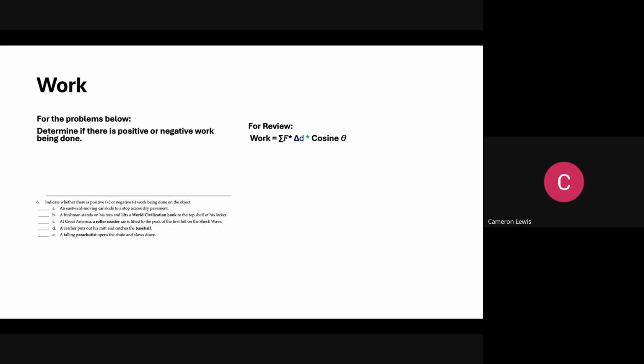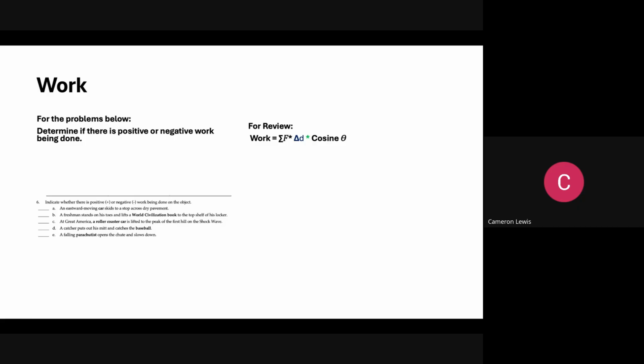We've got an eastward moving car that skids to a stop across dry pavement. So it's moving east at some velocity, but then all of a sudden it comes to a stop. Something had to be working against it to change the velocity it was moving at, and it skids to a stop over some distance.